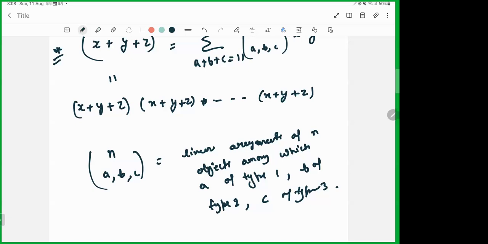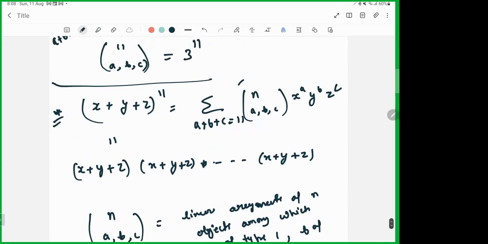So here, a objects of type x, b objects of type y, c objects of type z. So these are basically n choose a comma b comma c. Are you getting me or not, Abhishek?